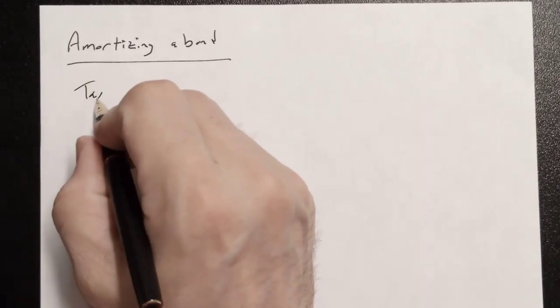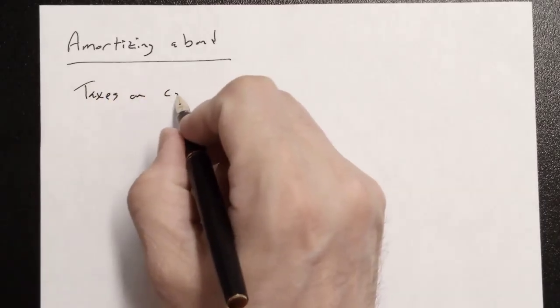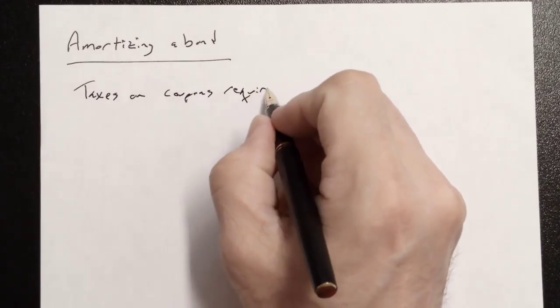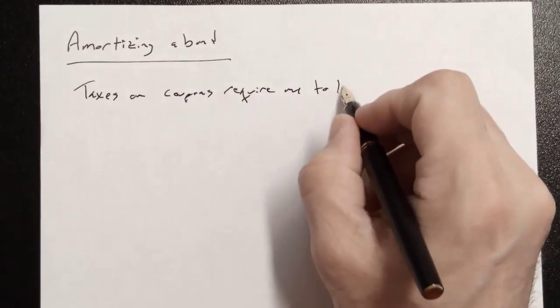Well, I pay taxes on interest. So if I want a tax on a coupon, I need to know how much of that is principal versus how much of it is interest.